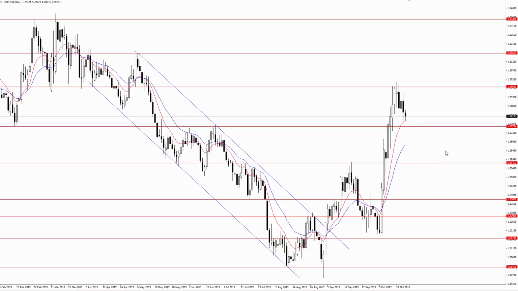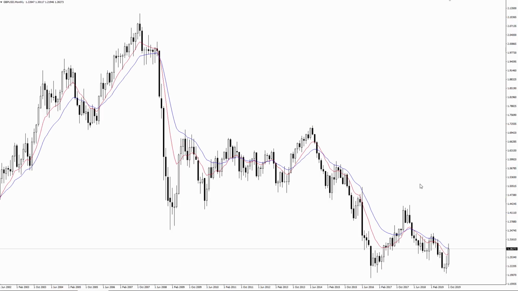And last but not least, I do think that sellers, or at least bears of the British pound, have to be careful as long as the pair is coming off of what could be a double bottom. So on the monthly time frame, notice how the pair is bouncing from that 120 area. And while it's still early, this could be the start of a double bottom.